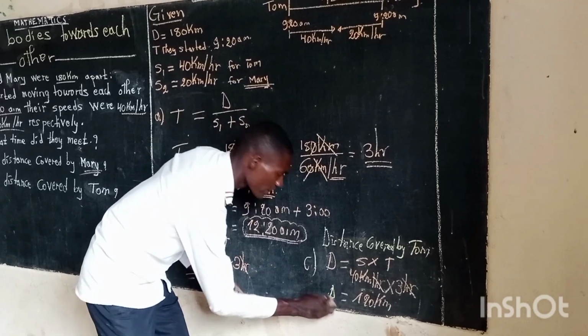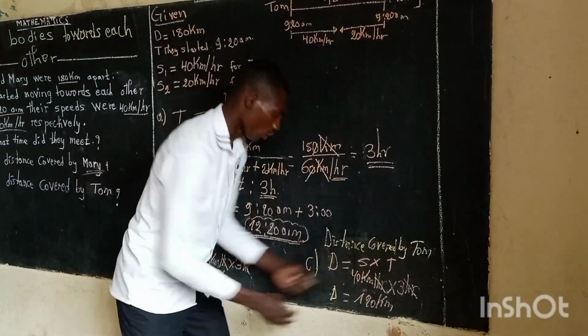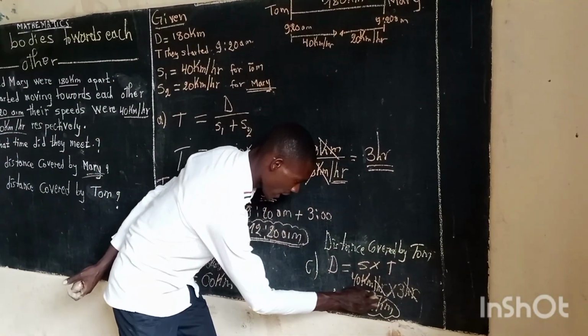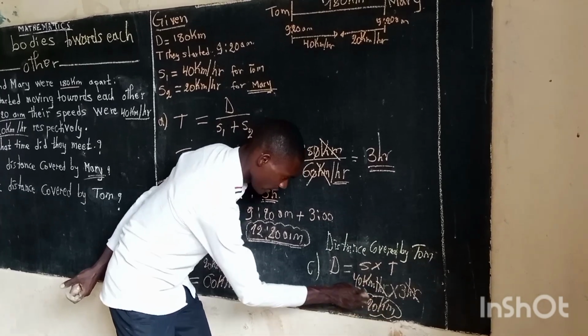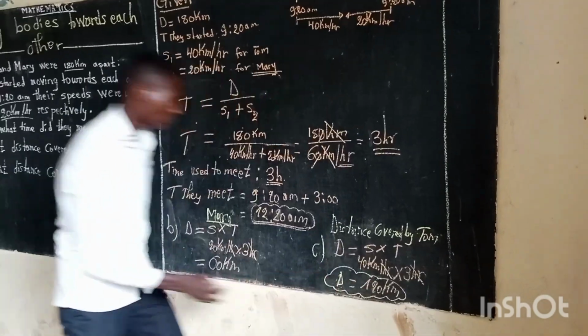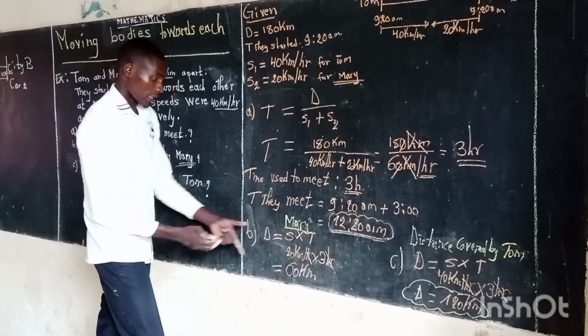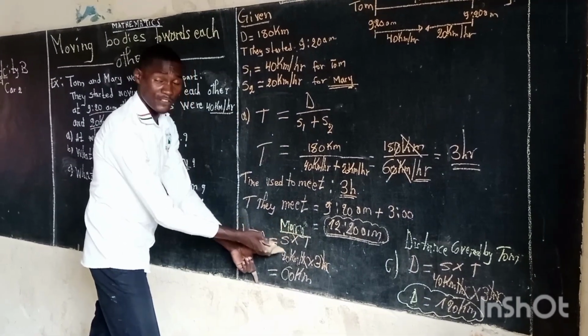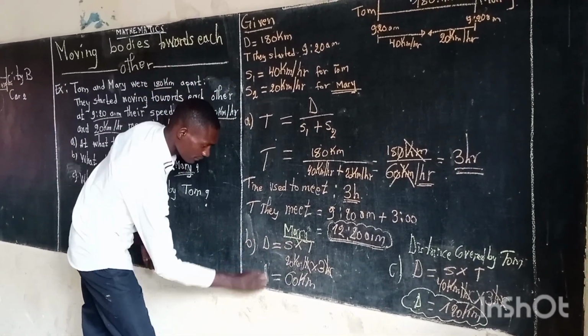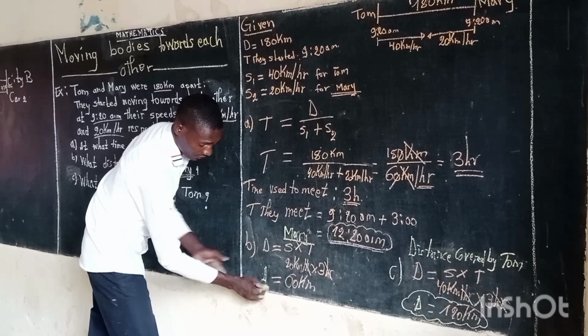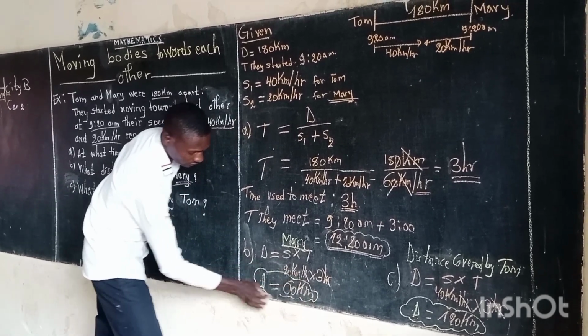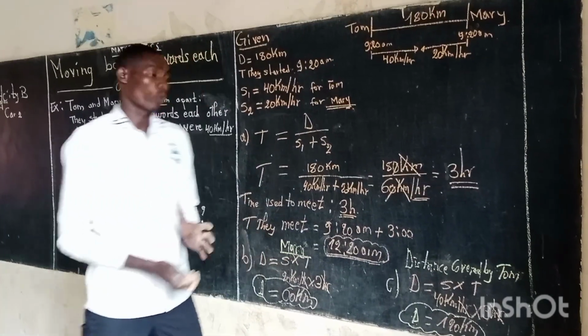Then the distance covered by Tom is 120 kilometers. And the distance covered by Mary is 60 kilometers. Very nice. It was our question.